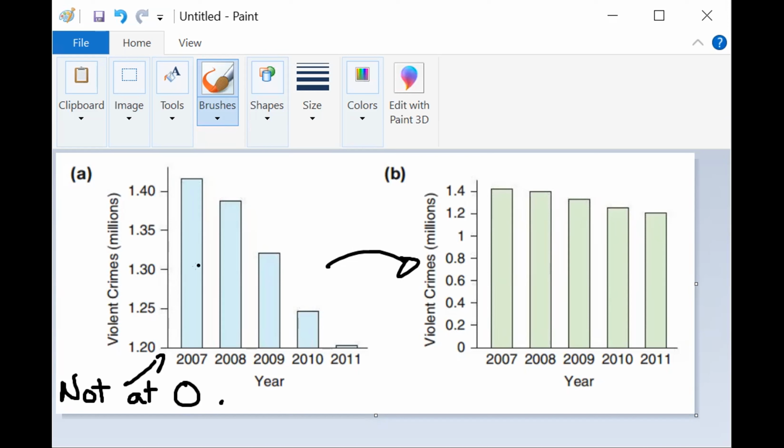So one graph makes it look like we went from a large amount and it just crashed straight to zero. The other one makes it look like there was a slight decline. Violent crime is down by maybe 10%.